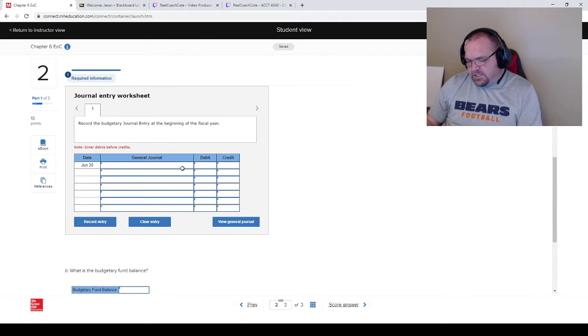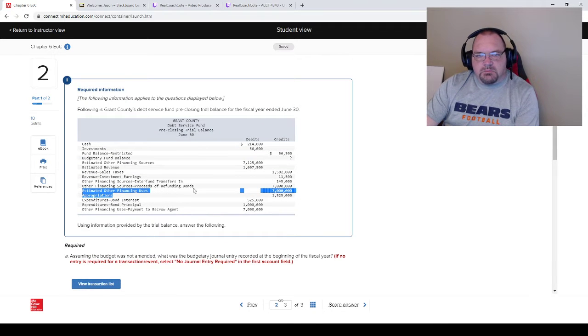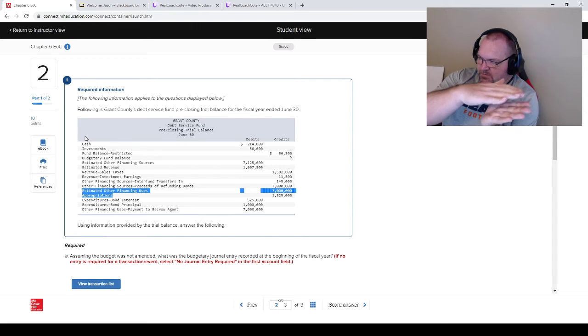Our first task here, essentially, if there were no budget amendments, what would have been the entry to record the budget? Well, that's pretty easy. Let's go through our budgetary accounts. I'm going to sandwich in the middle there, because it could be a debit or credit, the budgetary fund balance.